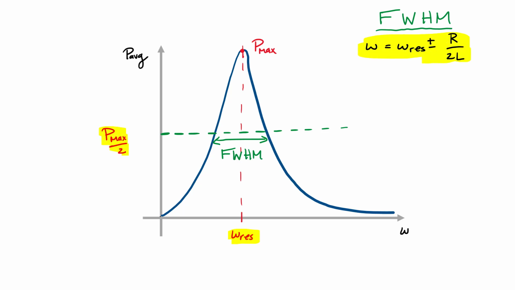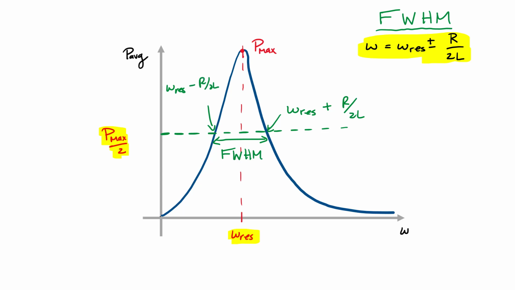That is right here. And what we found were 2 values. One value corresponds to this guy, when omega equals omega res plus r over 2L. And this other guy is when the frequency is omega resonance minus r over 2L.